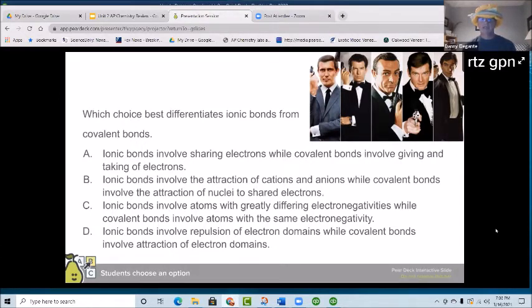This is not a question from the AP exam. This is one I wrote, but it's trying to be like the AP exam, and notice that it's a lot of reading, and it requires you to read all 4 answer choices.